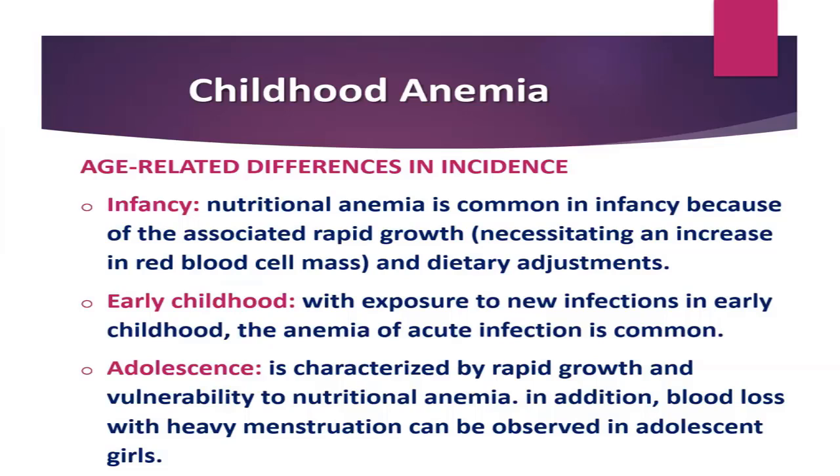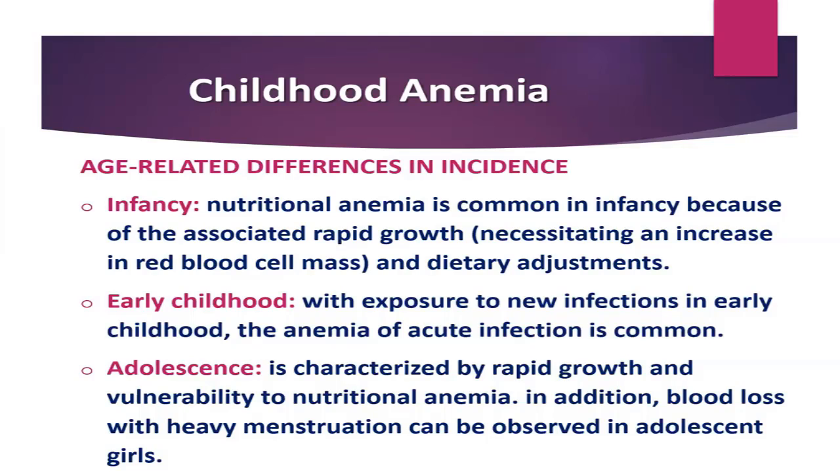In infancy, nutritional anemia is the most common type of anemia, due to associated rapid growth, necessitating an increase in red blood cell mass as well as dietary adjustment. In early childhood, with exposure to new infection in school age years, anemia of acute infection is the most common in this period.